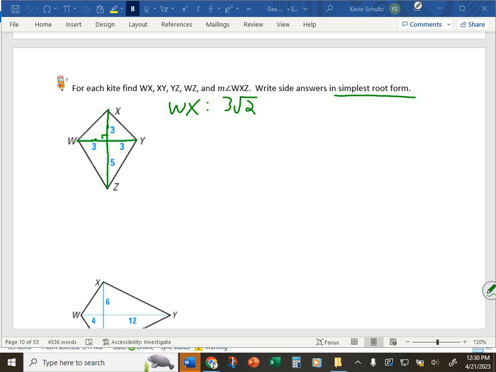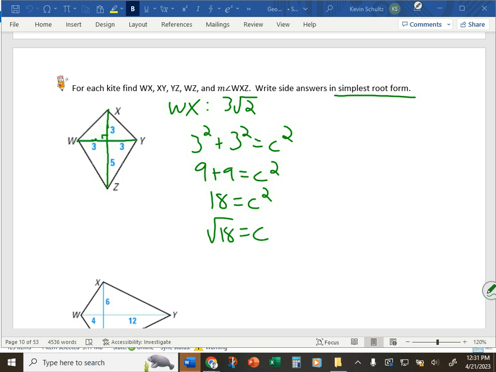If you use Pythagorean theorem, that could also work. You would set it up as 3 squared plus 3 squared equals c squared, or 9 plus 9 equals c squared, or 18 equals c squared, or c equals the root of 18, because you root both sides to get c by itself. How do we get 3 root 2 out of the root of 18?